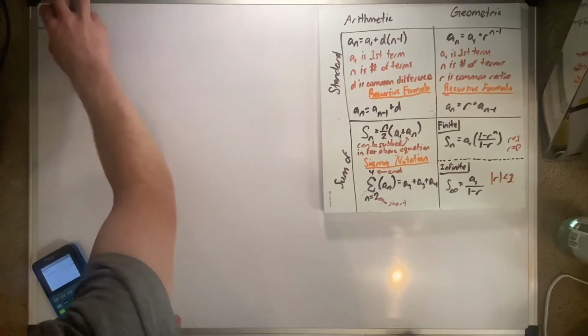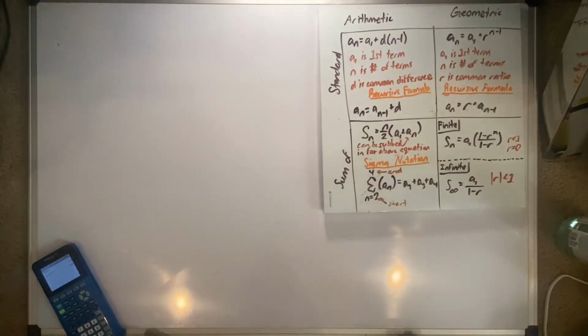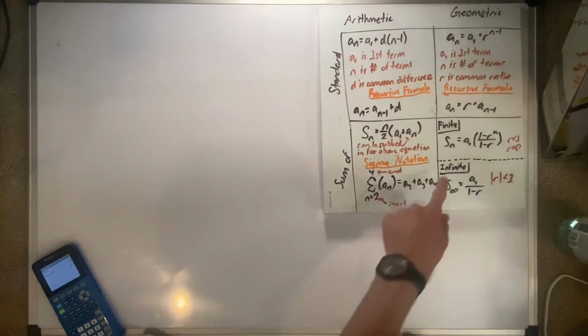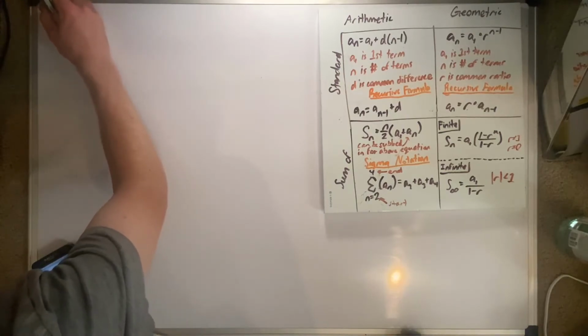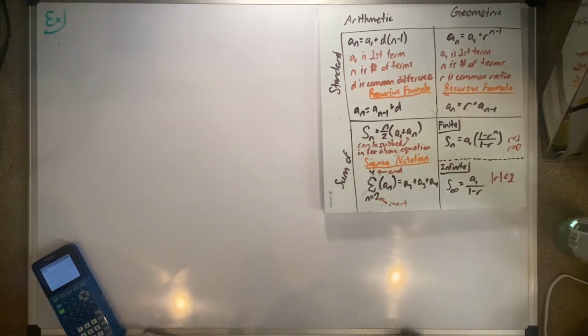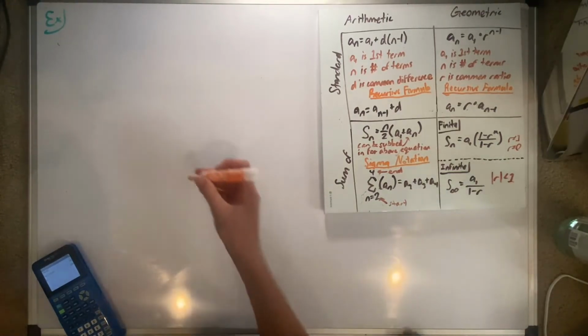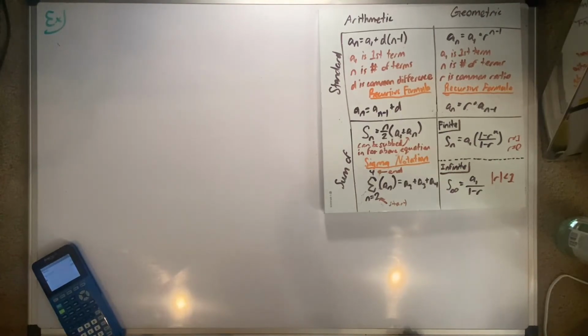about how sigma notation works and finite series works. So I'm going to do 2 more examples. So in this example, we have the sigma notation. Oh, I'm using the wrong color.